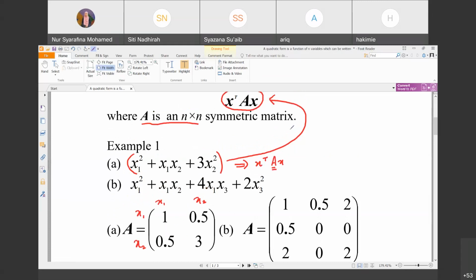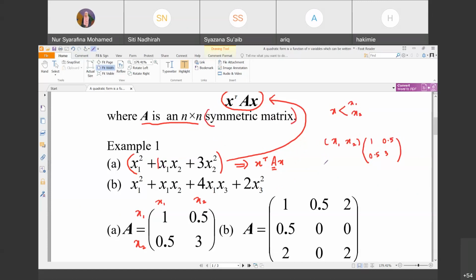Your x here is in terms of x1 and x2, so x transpose is written as x1, x2. Your A is given by 1, 0.5, 0.5, 3. Why do we need to separate this 0.5? Because initially it is 1 here, and we want to have a symmetric matrix.